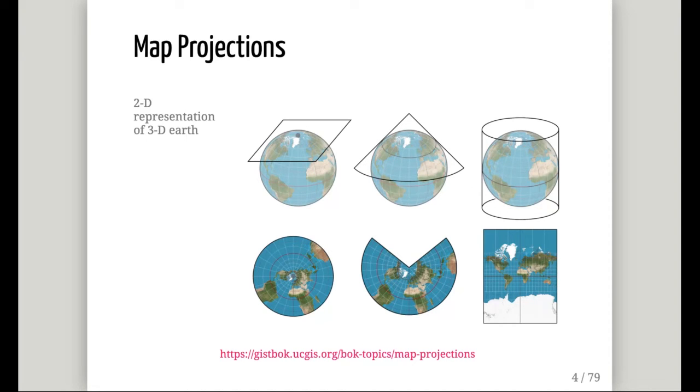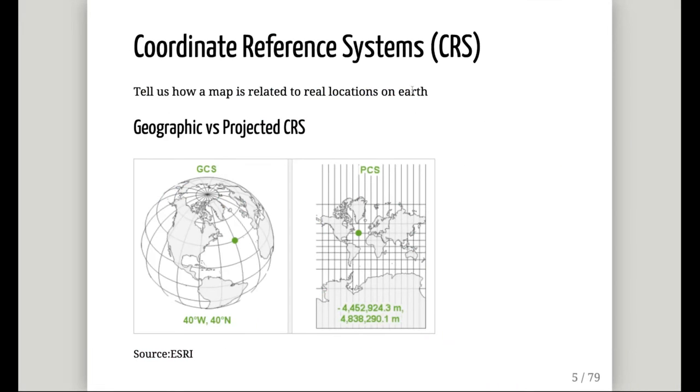A cylindrical projection, where there is a flat surface surrounding Earth, and then projecting on that surface, will look something like this. So depending on how Earth's surface is projected, the final map will be different. And this process is called projection.